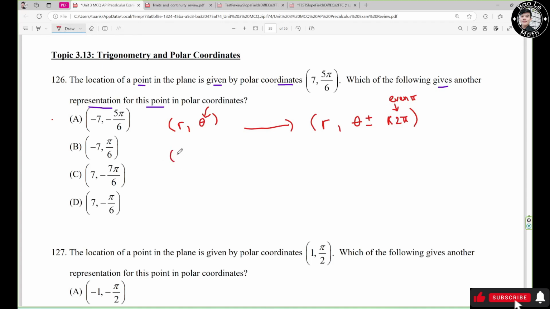Now if you're given the polar coordinate (r, theta), and you add an odd multiple of pi to the angle theta, the radius becomes opposite, which means negative r, and the angle is theta plus or minus k pi, where k is an integer.